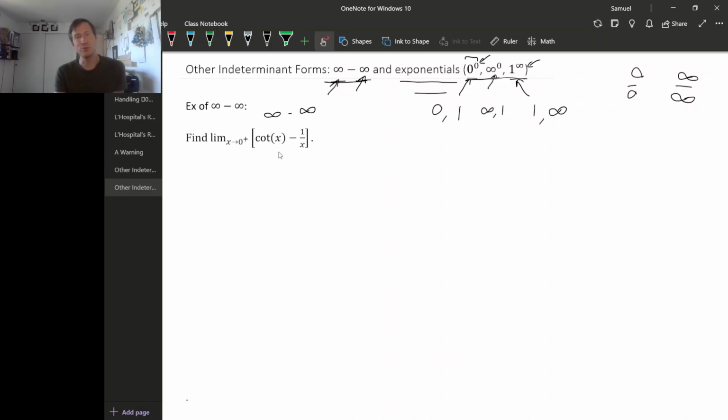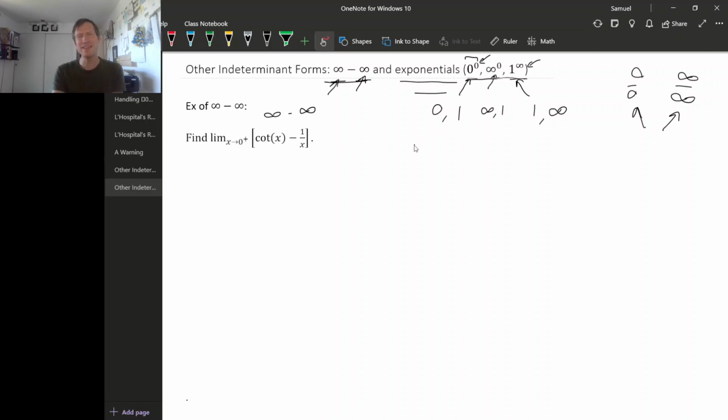So what should we do? Well, as with the 0 times infinity indeterminate form, what we should probably do is just try to do some algebra to turn the indeterminate form that we have into one of these two nice indeterminate forms. So what kind of algebra could we do? Well, there are a couple things you might try. One thing you might try is just putting these over a common denominator.